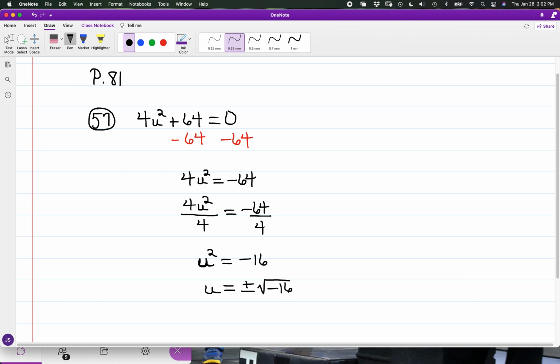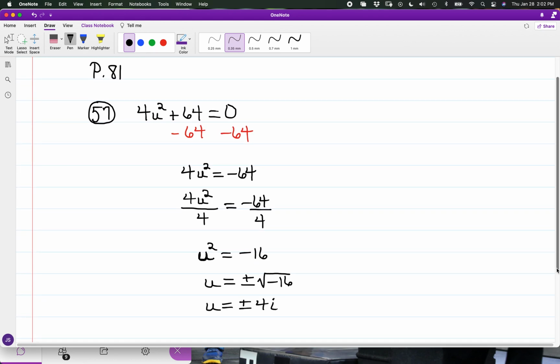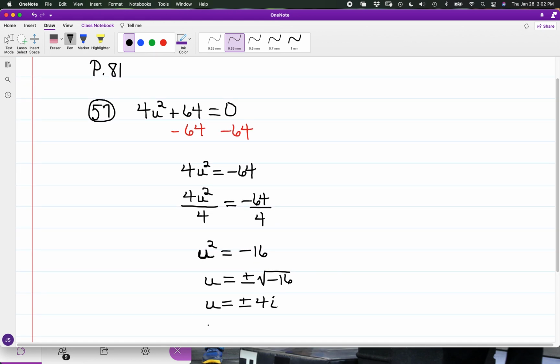So for u itself, we'll have a couple of complex roots. Now we have plus or minus, and the square root of 16 is 4, but now the square root of negative 16 goes to 4i. So for the variable u, we have two additive inverse complex roots with 4i as well as minus 4i.